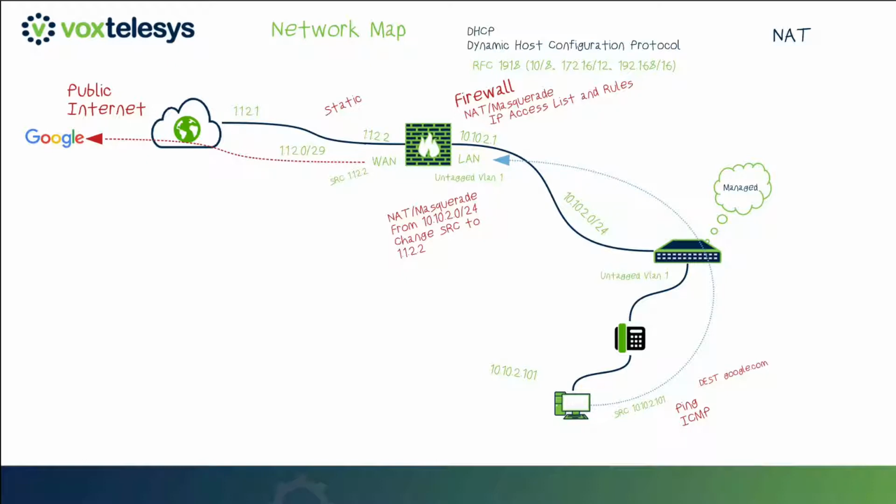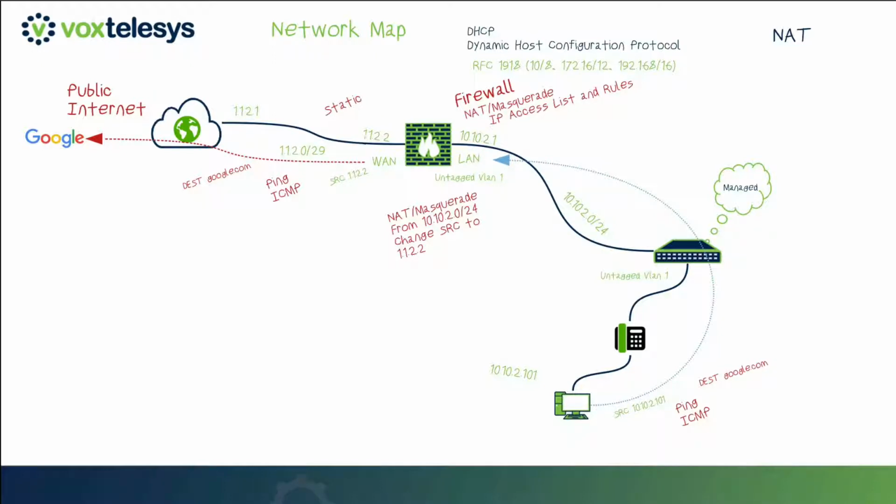It then creates the ICMP, the ping event, to the destination of google.com. Now, when Google responds, they're not going to respond to 10.10.2.101. They're going to respond to 1.1.2.2. The firewall is going to receive that, knowing that I have made that ping event because there's a session in there.